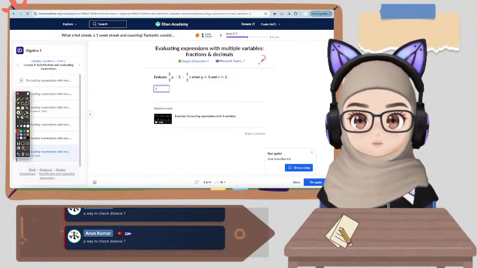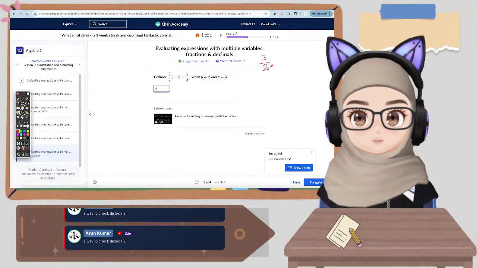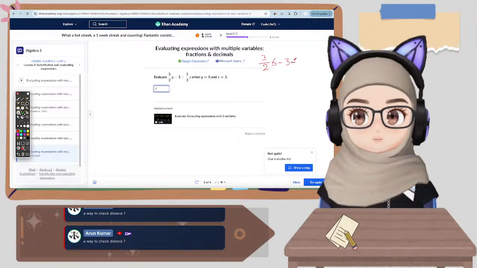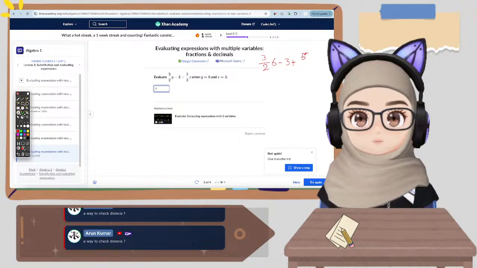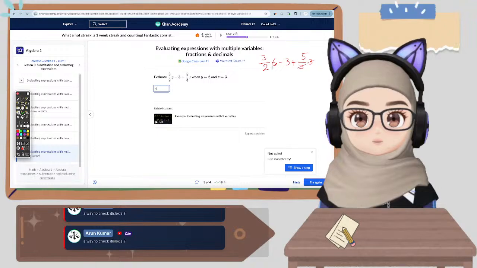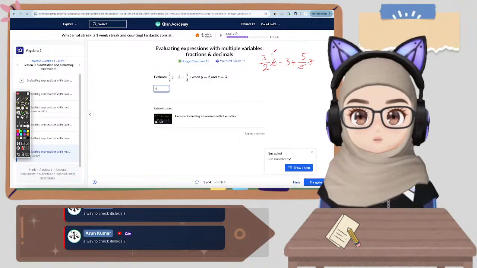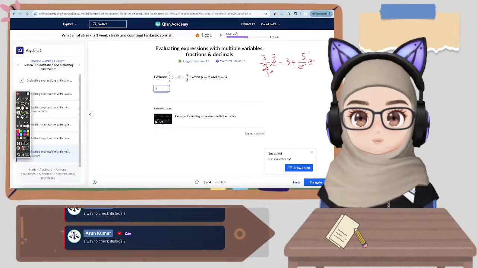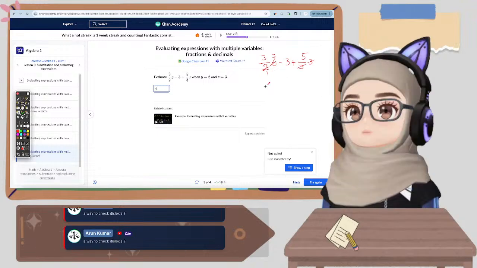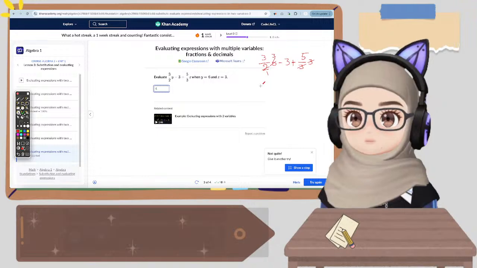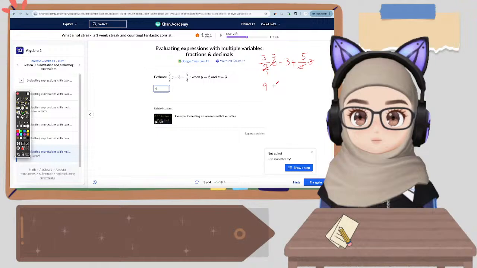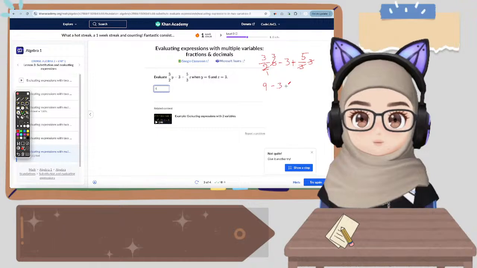3 divided by 2 and y is a 6. 3 plus 5 divided by 3 and z is 3. So I kill this and then this becomes a 3 and this goes away. Becomes a 1. We're good until here? 3 times 3 is 9 as far as I know. And then we have a minus 3 and a plus 5.